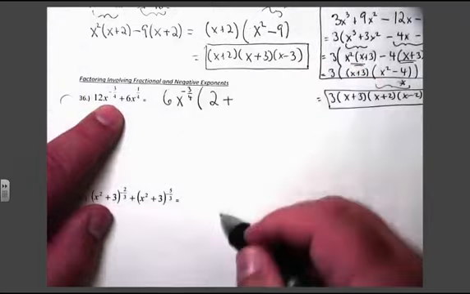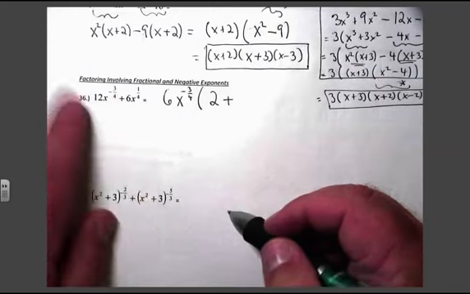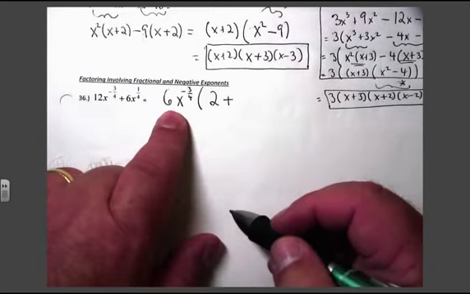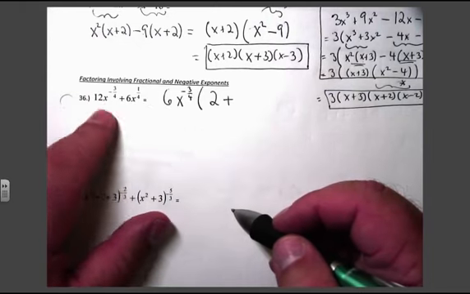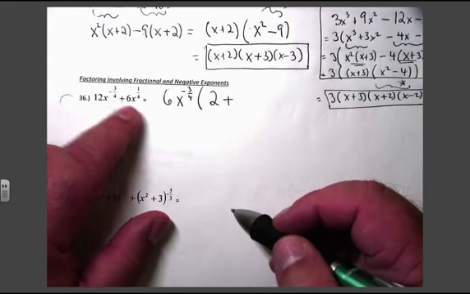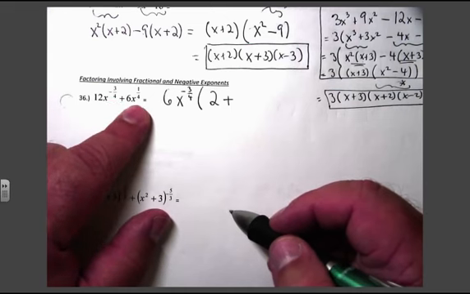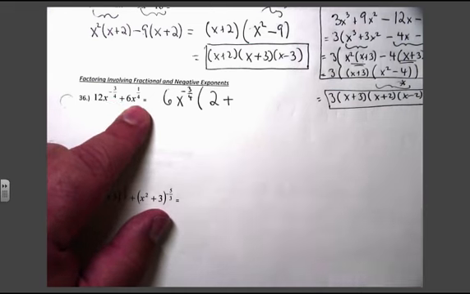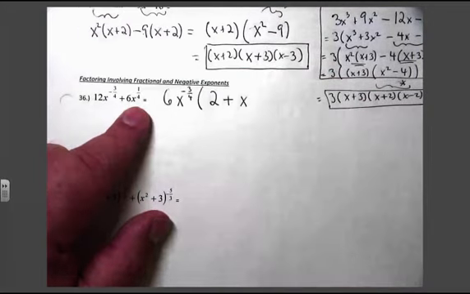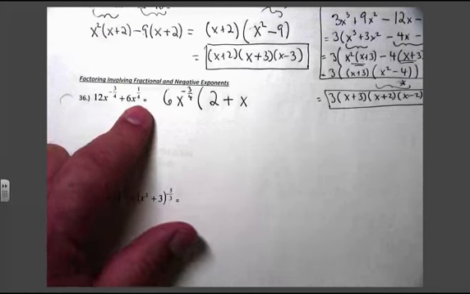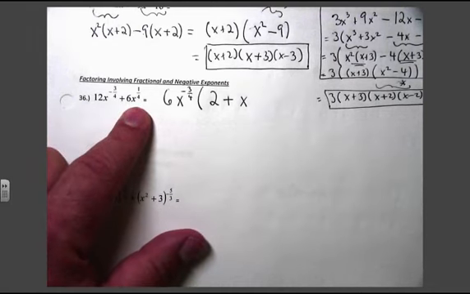Plus, here we go. I've already pulled the 6 out, so it's gone, right? But now, what happens when I pull x to the negative 3/4 out of an x to the positive 1/4? When you factor, you are dividing out, right? What was the trick about exponents when you divide? When I divide and they're like bases, what do I get to do with the exponents?